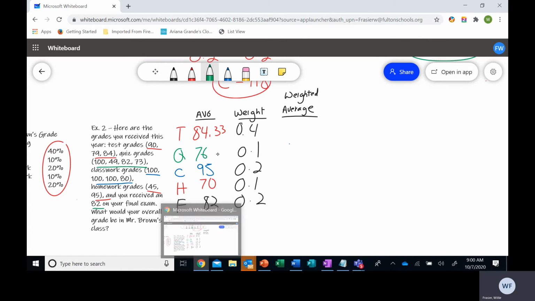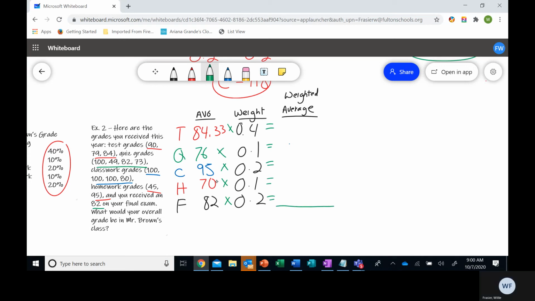And what do we do with them? Well, like the last one, we multiply the average times the weight to get the weighted average. Got it? So let's go ahead and do that. I'm going to do it in black this time. 84.33 times 0.4, that's 33.73.